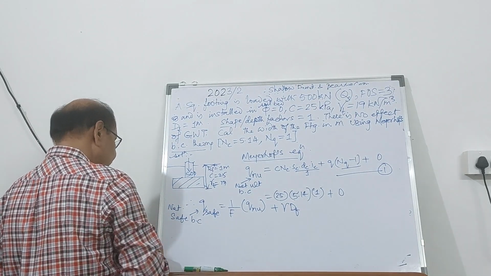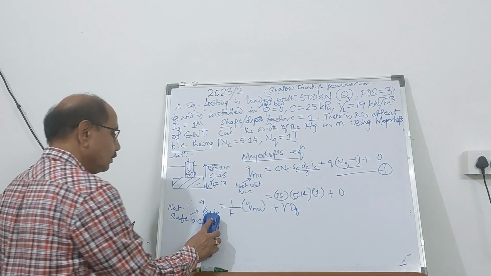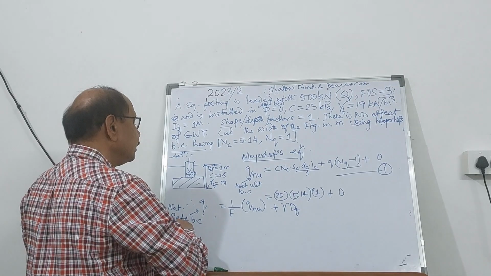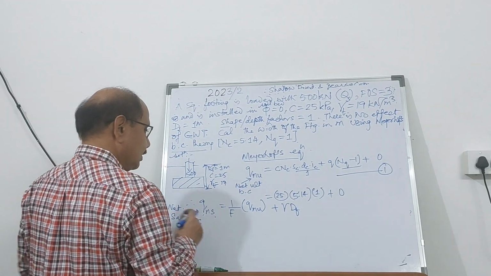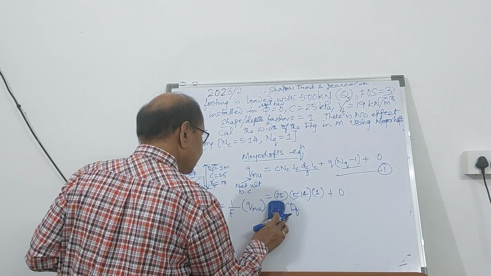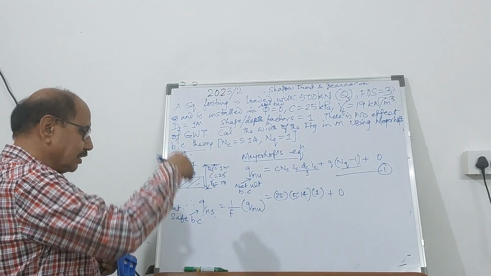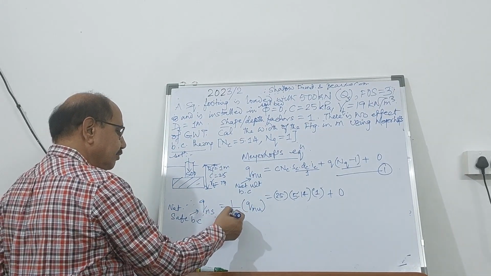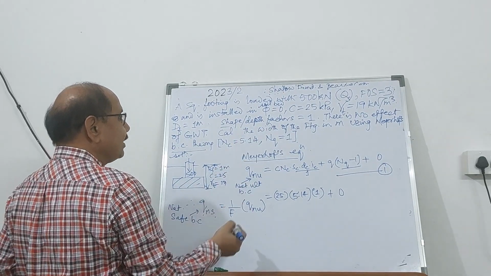So the net safe bearing capacity can be calculated very easily. Net safe, then you need not add the surcharge. It will be simply net ultimate divided by the factor of safety, which is given over here as 3.